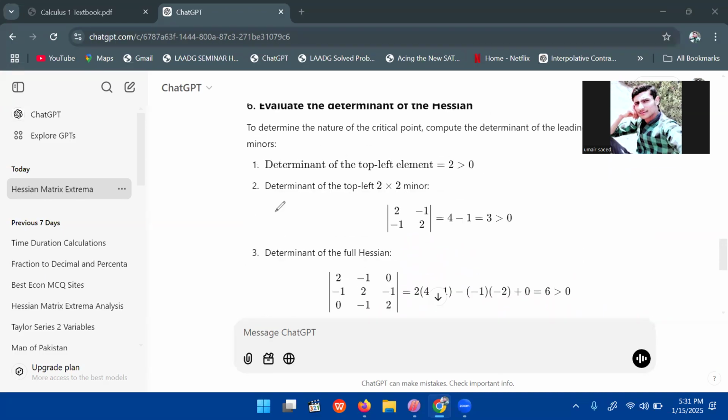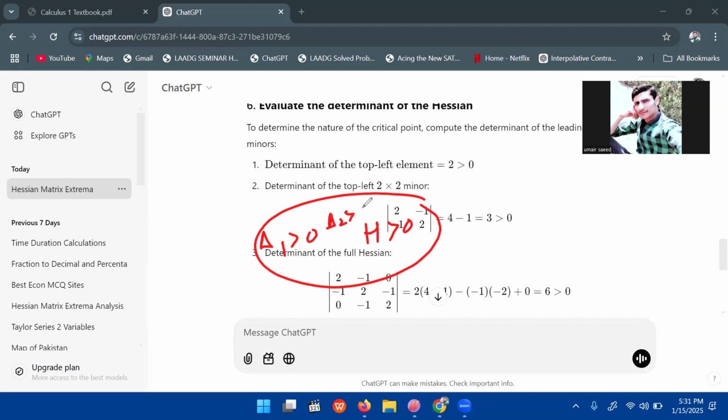If the value of delta 1 is greater than 0 and the value of the determinant of H is greater than 0, then your function has a local minimum. Or if all your deltas are positive, then your function has a local minimum value at that point. If all the deltas are negative, then you say that it has a local maximum at this point.